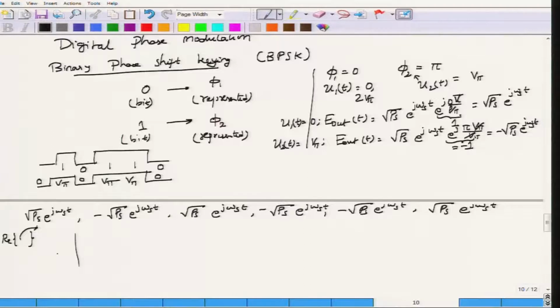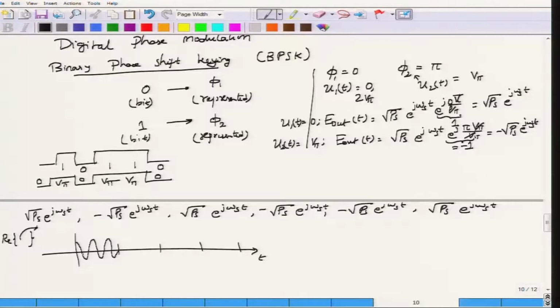So, let us say this is my time axis and these are my boundaries which I am considering. This would be a high frequency sinusoidal signal, which we will take to be a cosine signal. Let us see if I have gotten the number of terms correctly.